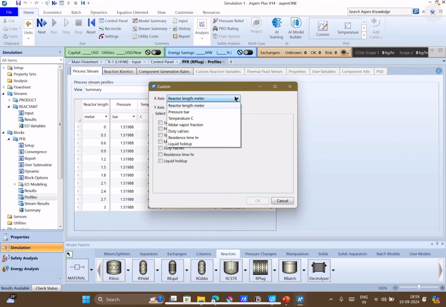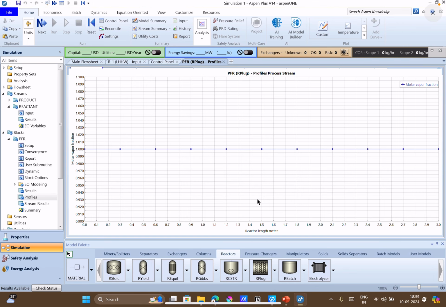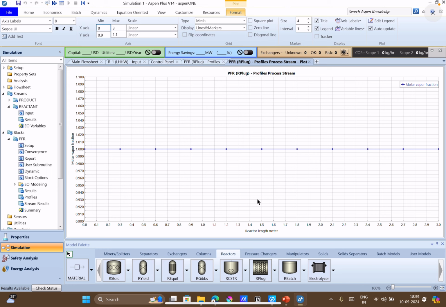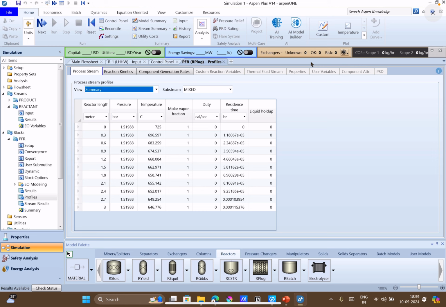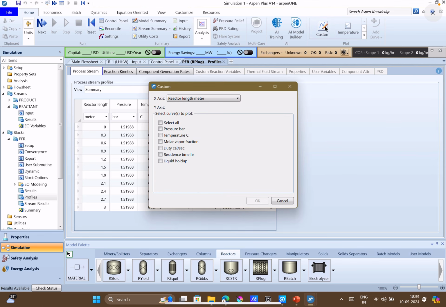If I look along the reactor length, what is the molar vapor fraction, and check it. Not molar vapor fraction. We should get composition here.